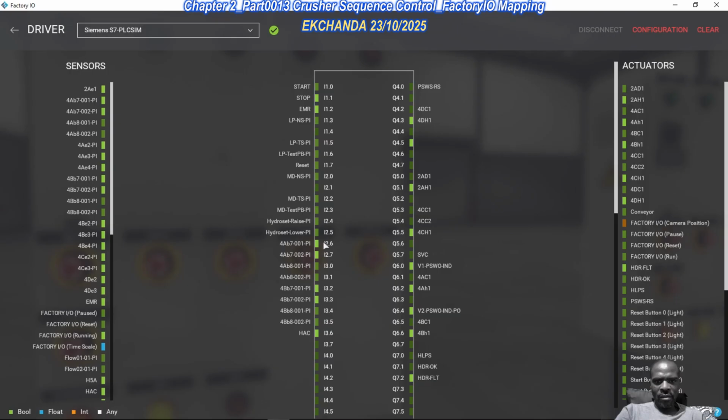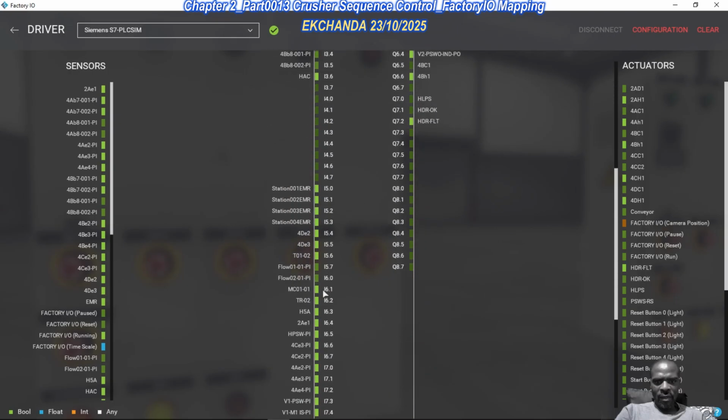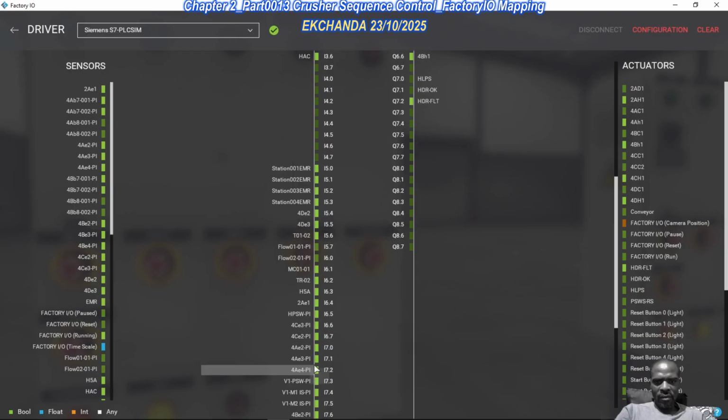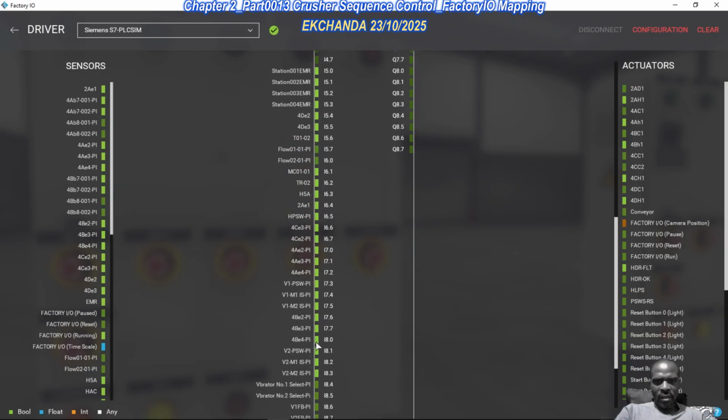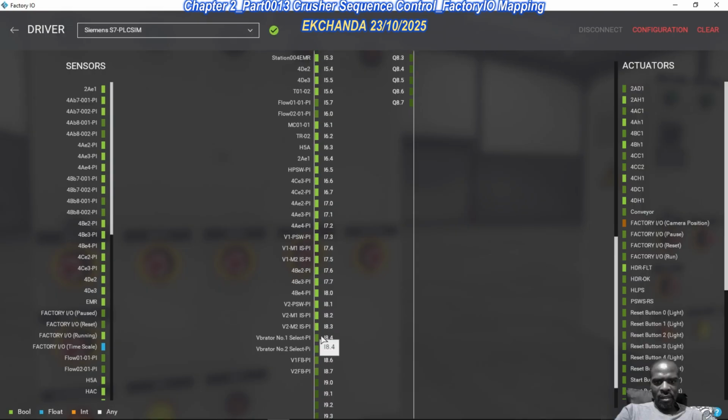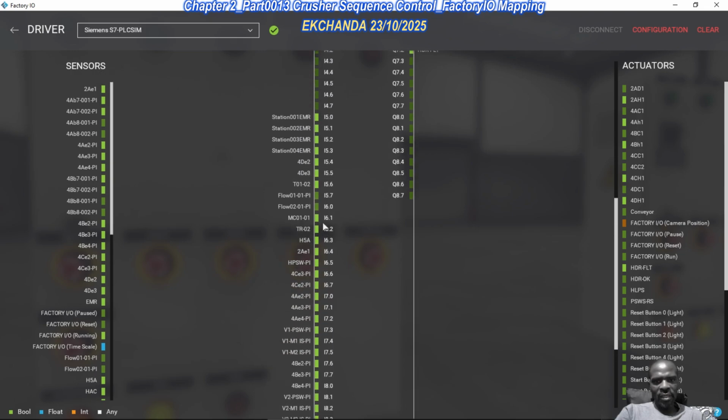Okay, 4BE3 is okay now. Then what else do we need? Basically I'm looking out for the state where all the protection inputs are supposed to be true.